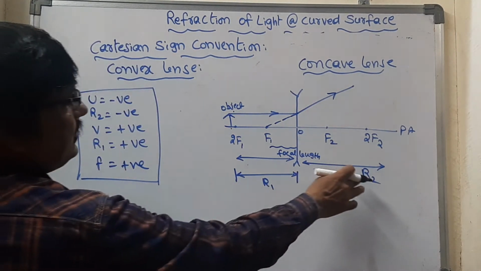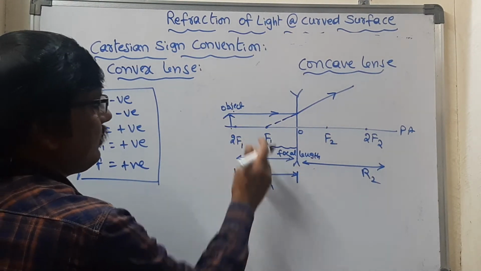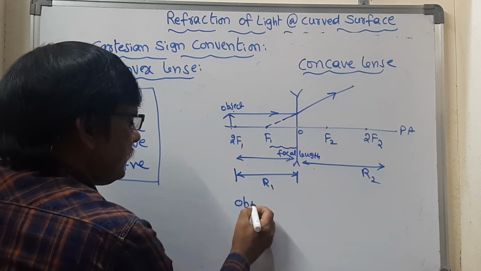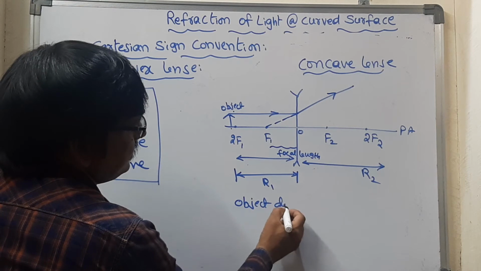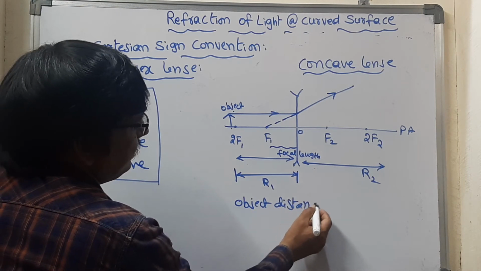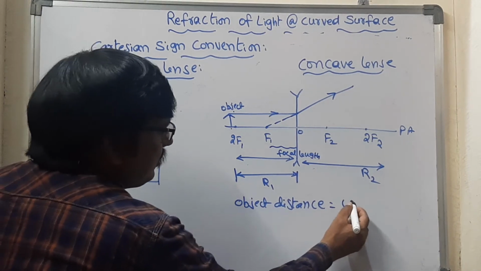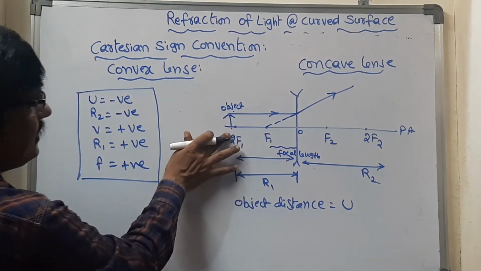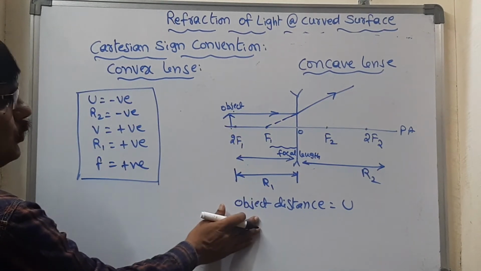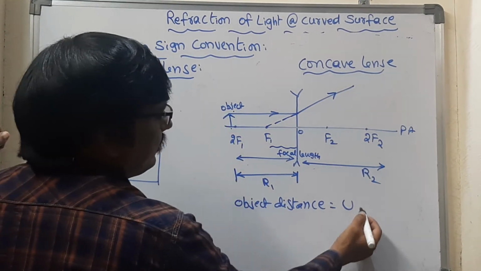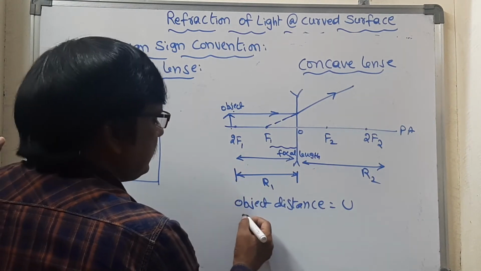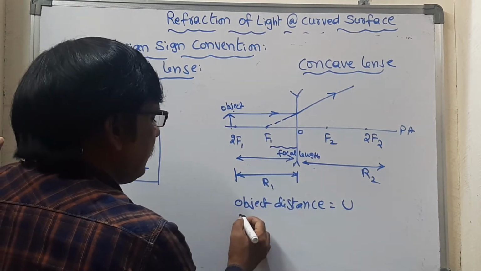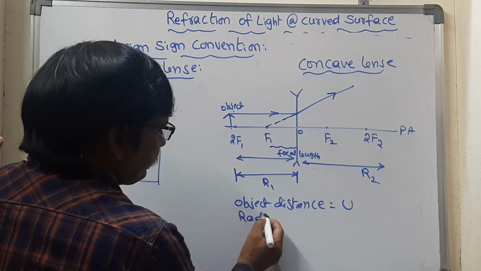Now this side is R2, this side is R1, and we also have the object distance. The object distance always represents the letter U.